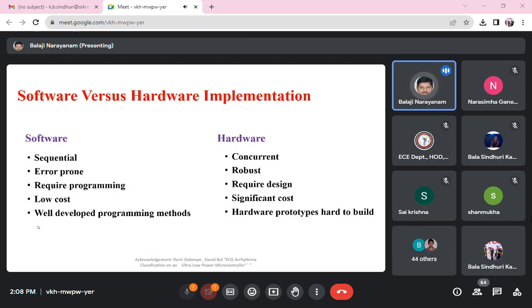Similarly, the software implementation is more error prone, whereas the hardware implementation is robust in nature. For software implementation, you require programming knowledge. Like if I want to implement in MATLAB, I should know what the built-in functions are. If required, I need to write a user-defined function.